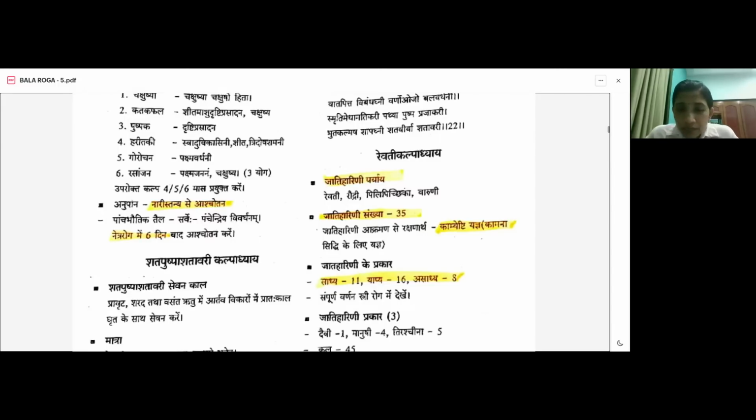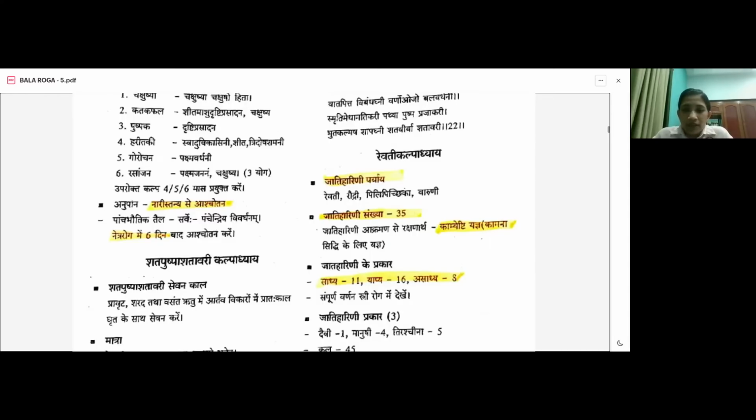And the important point that you have to remember is the Jataharini Sankhya. Total 35 is the number of Jatahariniś mentioned in Kashyapa Samhita. And Jatahariniś akramana se rakshanartham Kameshti Yajna. So, in order to protect from these Jatahariniś, the Kameshti Yajna is recommended.